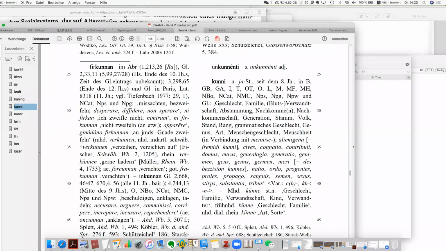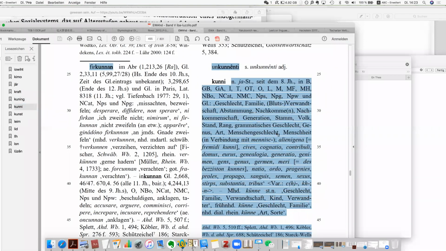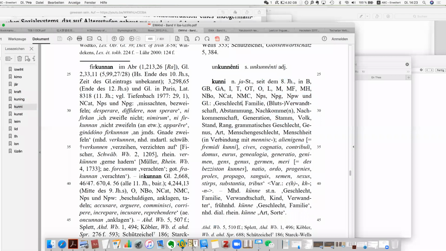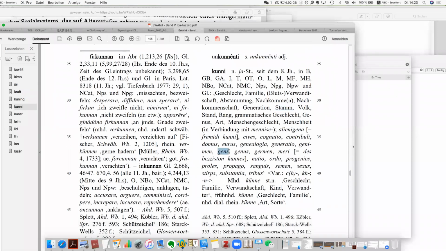Okay, and then let's move on to Cooney. So what's the meaning of Cooney? Cooney is here. It means Geschlecht, it means family, it means Verwandtschaft, Abstammung, Nachkomme, Stamm, stem. So folk, also folk. So it's gens, genus, German, and so on.